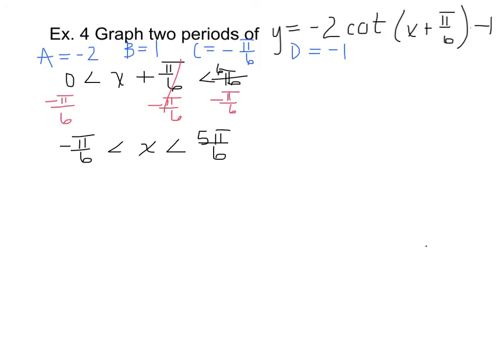All right, to find your period, you're going to take your largest, which is 5 pi over 6, subtract your smallest, and you're going to get 6 pi over 6, which equals 1 pi.